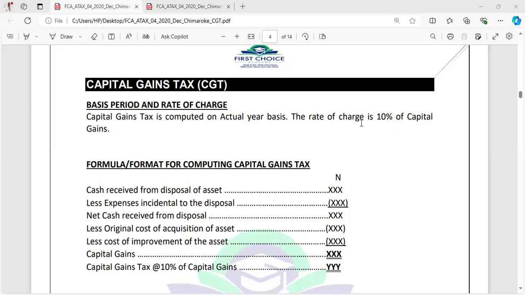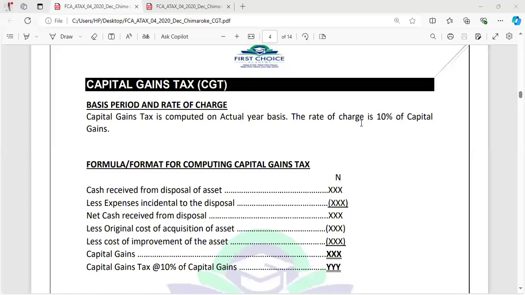You paid your surveyor fees, accountant fees. All these are expenses incidental to the disposal. Without those expenses, you cannot dispose the asset. So you need to deduct it from how much you collected from the asset.